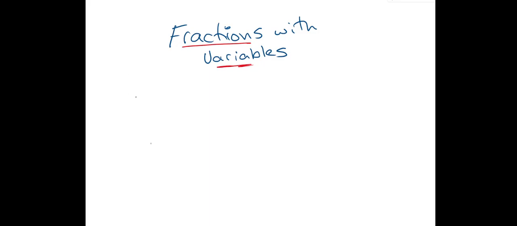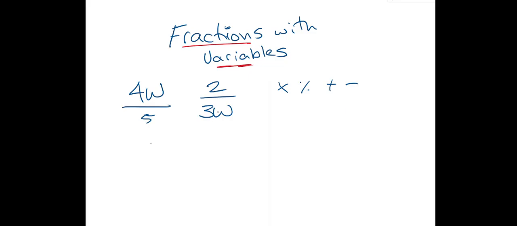What I'm going to do in this video is take 4w over 5 and 2 over 3w, and combine them. I'm going to multiply, divide, add and subtract. So you can see that really the machinery is not much different.